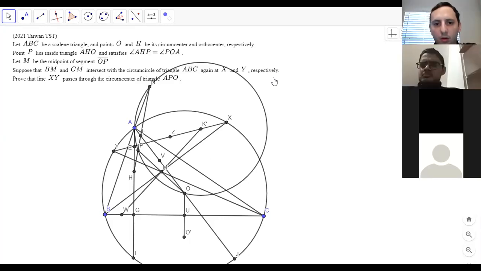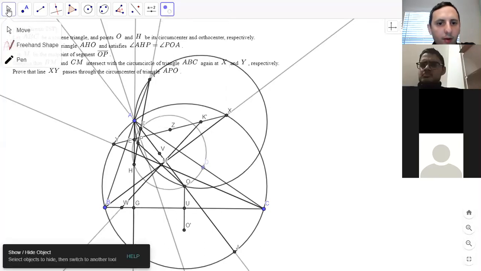Sorry. Okay, so you have K star as the center, then that's all right. I forgot, what is Z? Oh, Z is the midpoint of XY.